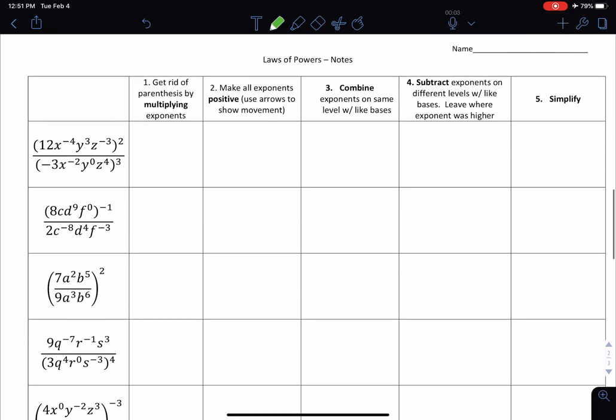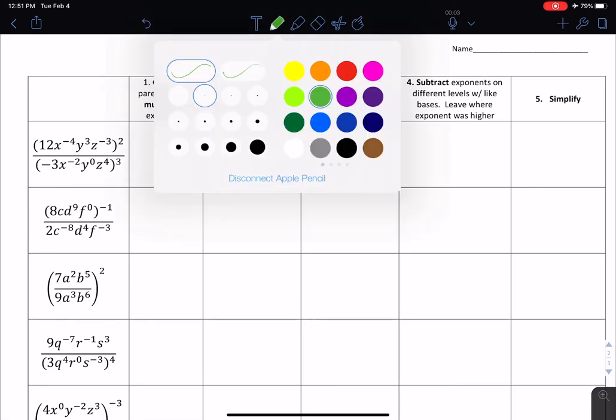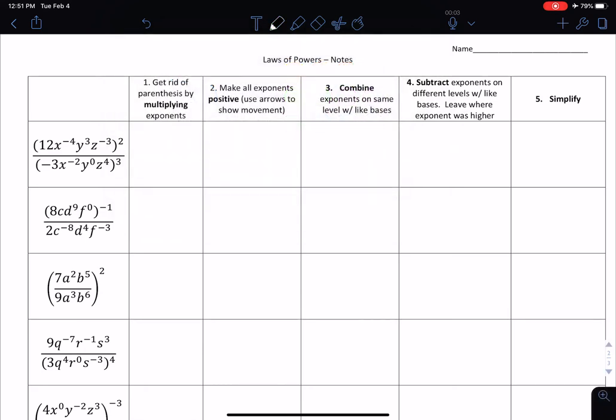We're going to do a couple examples together, and we made this table with steps that you should take to get towards your final answer. Okay, so we'll start on step 1 to get rid of the parentheses by multiplying the exponents. Okay, just like before we multiply, make sure each part of the term has an exponent.